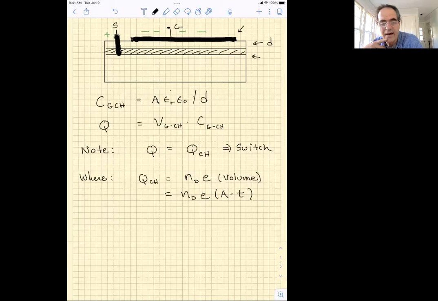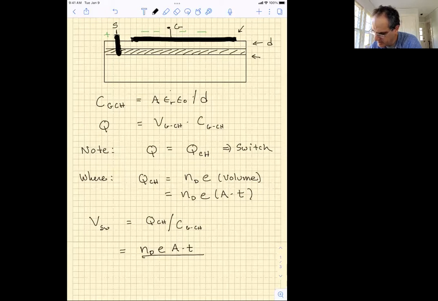All right, well now we're ready to get an expression for the switching voltage, okay? And it couldn't be easier. The switching voltage will be equal to the voltage where the induced charge is equal to the total charge in the channel. Okay? And so this will be N_D e times the area times the thickness.